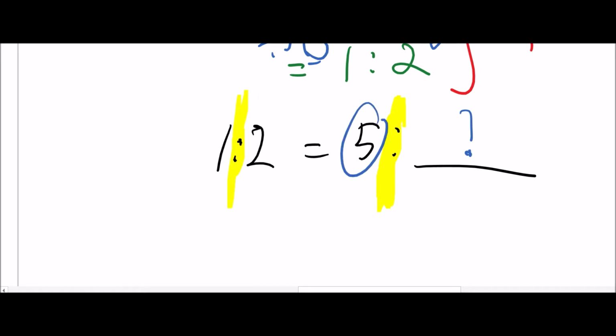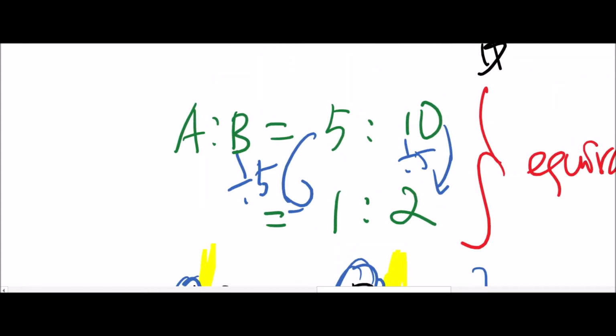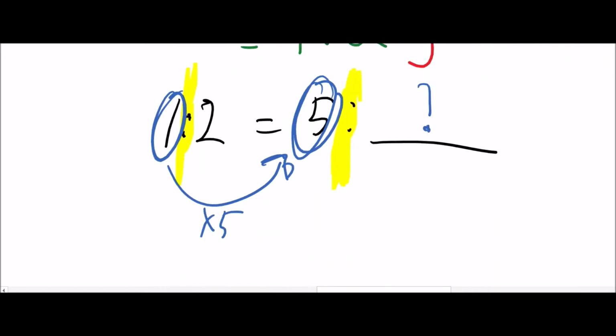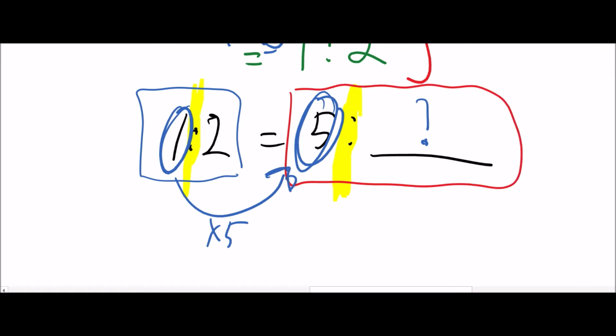We only have information from the one on the left hand side, and the corresponding number in the first ratio is 1. So how do I get 5 from 1? Well, I can multiply by 5, which is the opposite of dividing by 5 in the green color example. So from the first ratio to the second equivalent ratio, I've multiplied the 1 by 5.